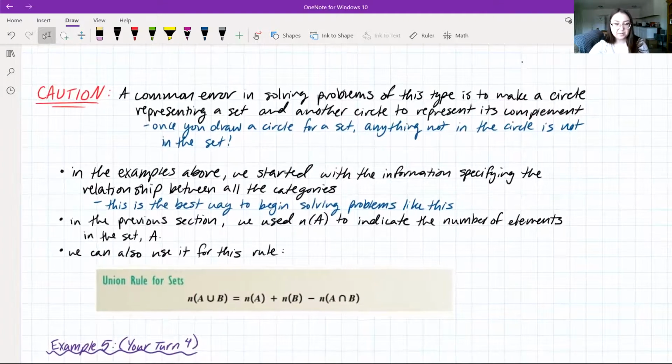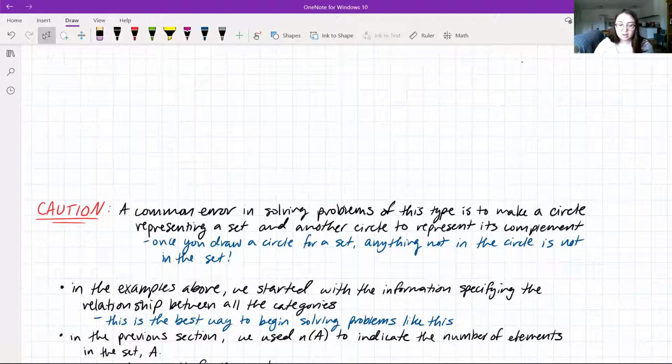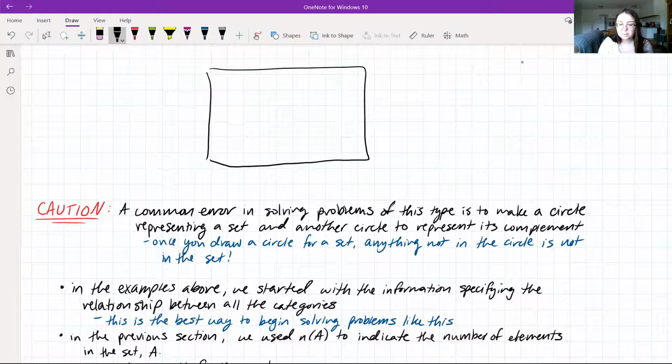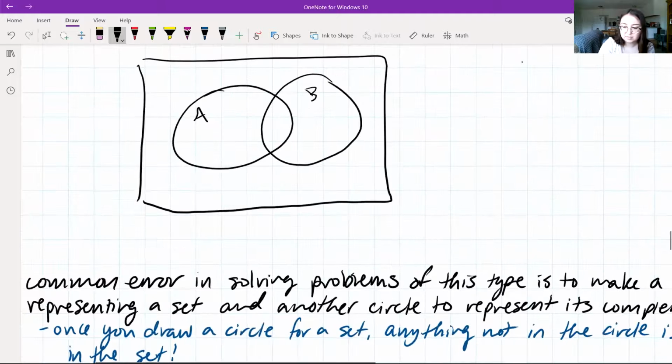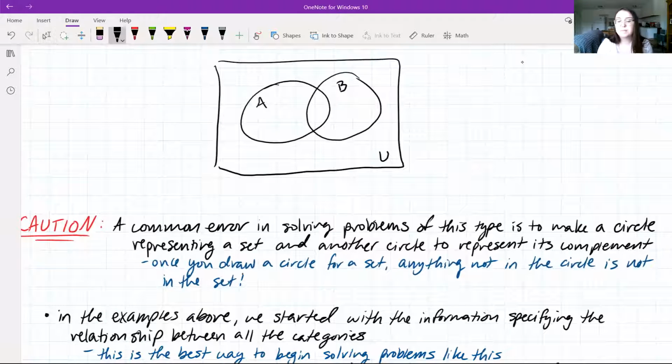A word of caution. A common error in solving problems of this type is to make a circle representing a set and another circle to represent its complement. Once you draw a circle for a set, anything not in the circle is not in the set. So a common error that a lot of people make is they'll have a universal set, and let's say they have A and B, and then we have our universal set.